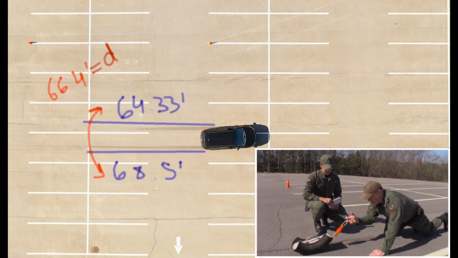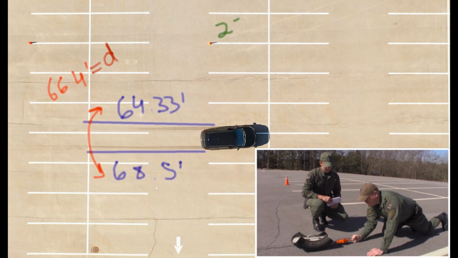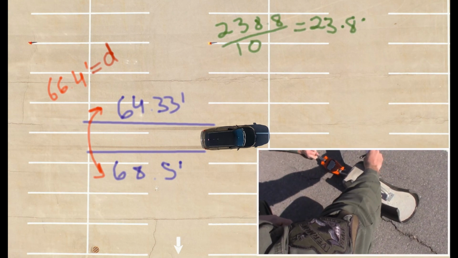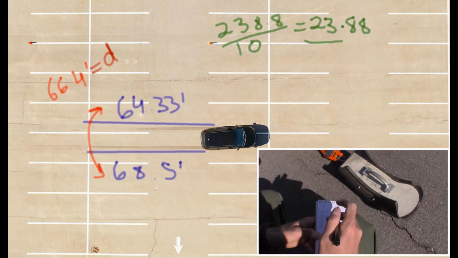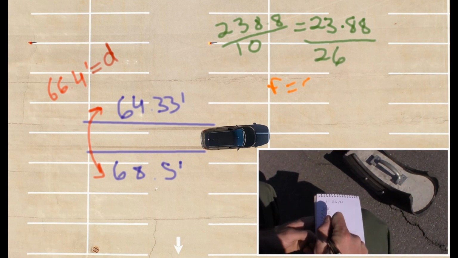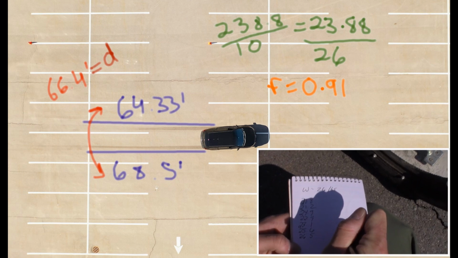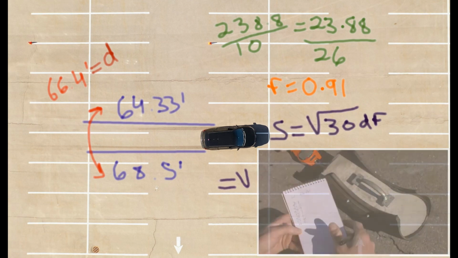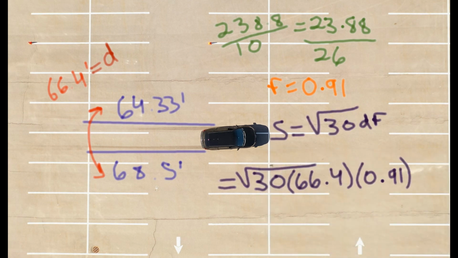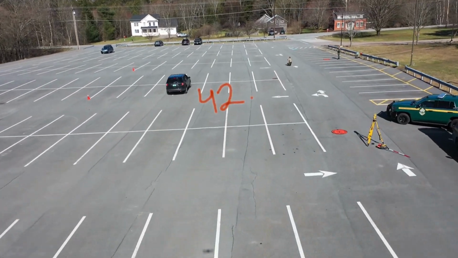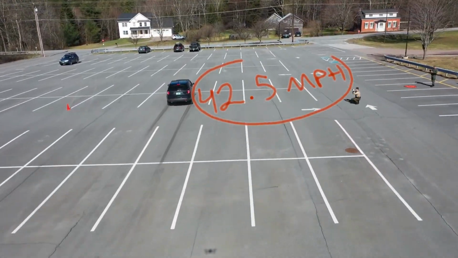They calculated the average by adding together each measurement and dividing by 10. Then, they divided the average by the weight of the drag sled, 26 pounds, to conclude that the coefficient of friction was 0.91. By plugging these two values into their speed calculation formula, they determined that the vehicle was traveling at a minimum speed of 42.5 miles per hour.